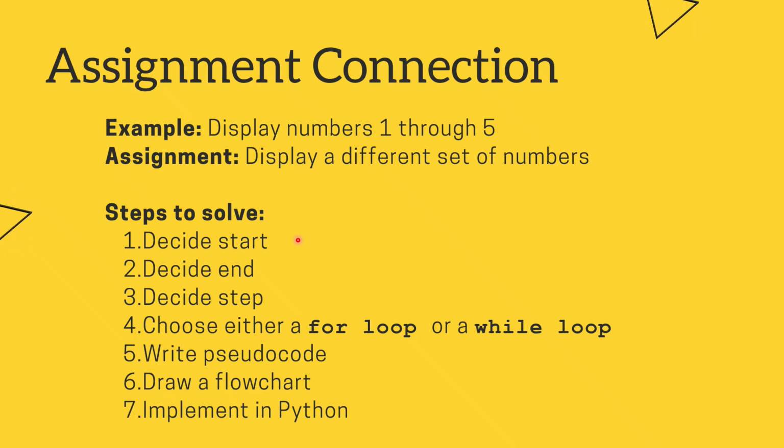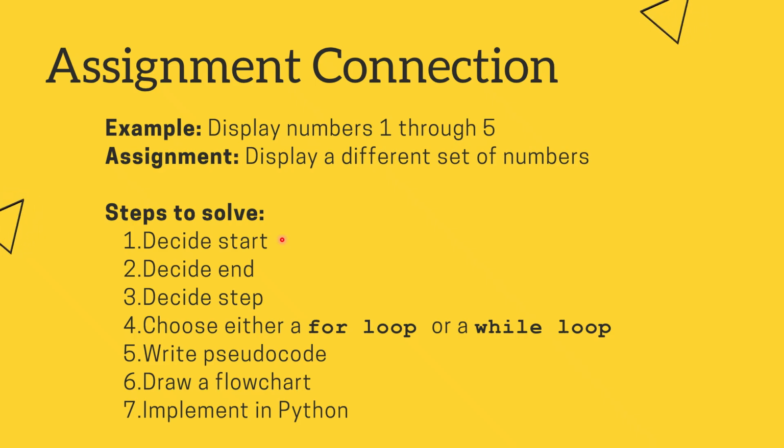First thing I want you to do is ask, what number do I want to start with? Looking at the assignment, it's going to give you specifics as far as what set of numbers within the range you're to display.